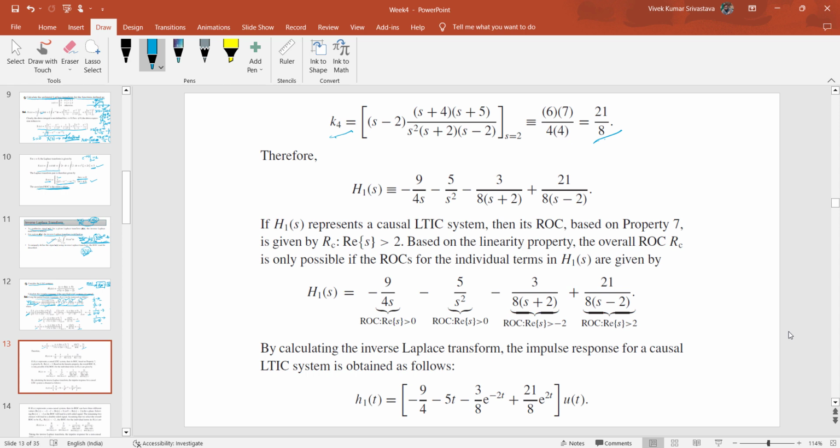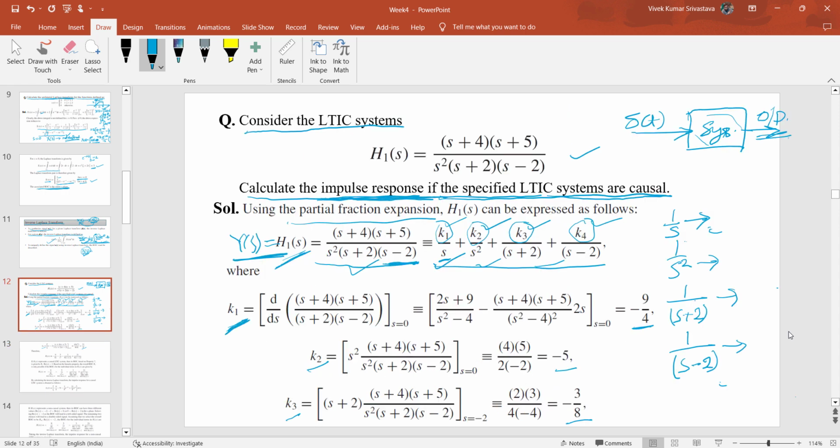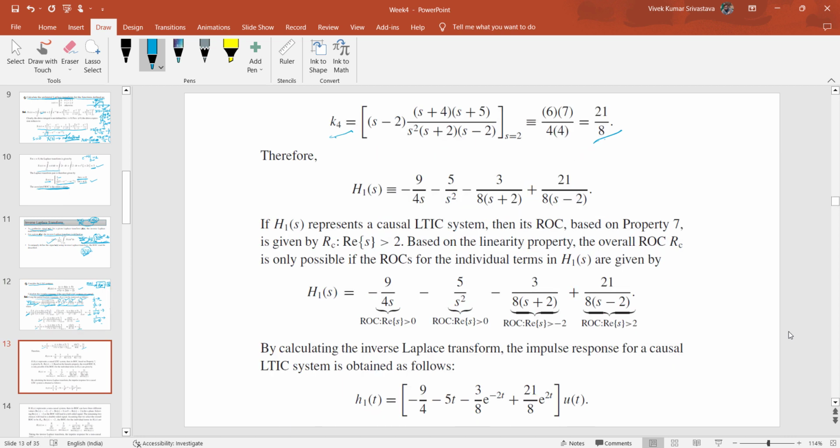I am leaving this exercise because it is basic mathematics. You can calculate this by yourself. I am not going deep into this calculation part.